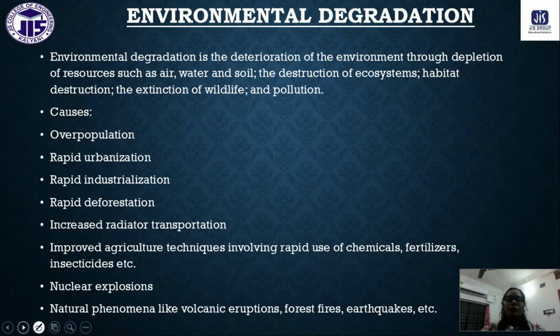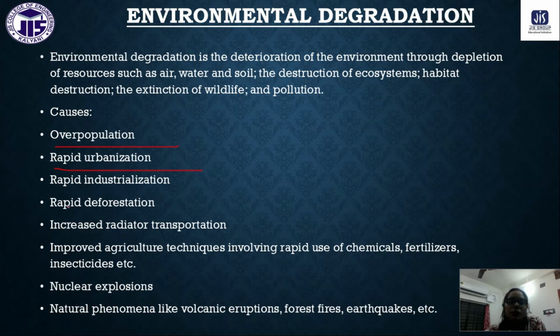Like overpopulation. What are the causes? Overpopulation, rapid urbanization, deforestation. For rapid urbanization, the main effect is deforestation. We have to cut the trees, which is very harmful for the environment and can increase the temperature of the earth's surface, which is called global warming.